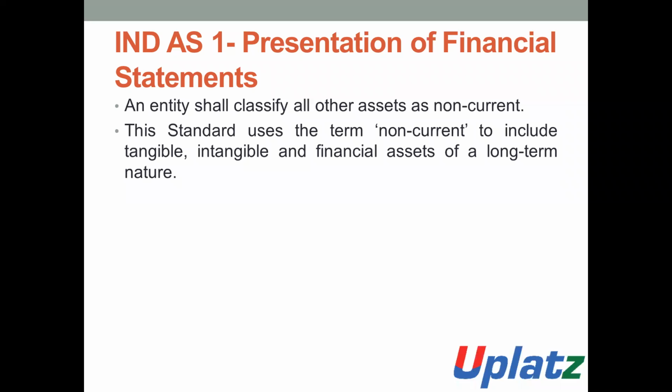This standard uses the term non-current to include tangible, intangible, and financial assets of a long-term nature. That is, tangible, intangible, and financial assets having a long-term life are to be considered non-current assets.